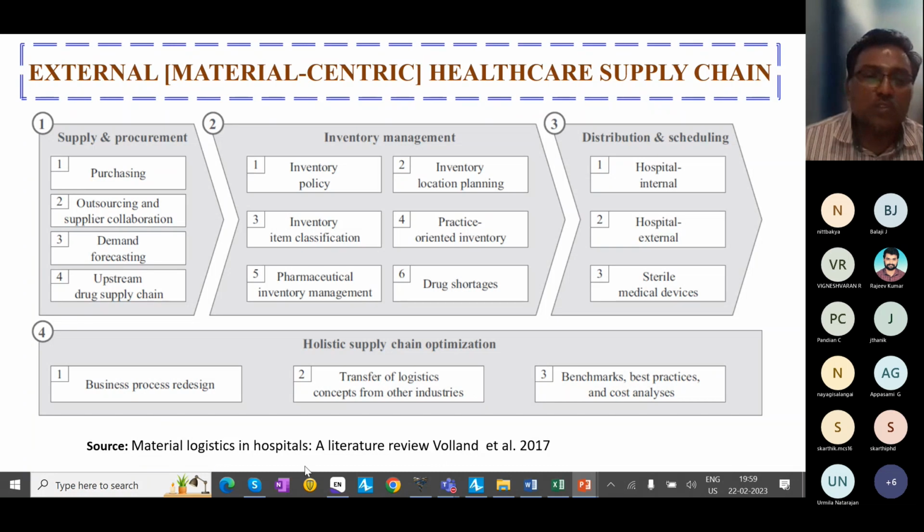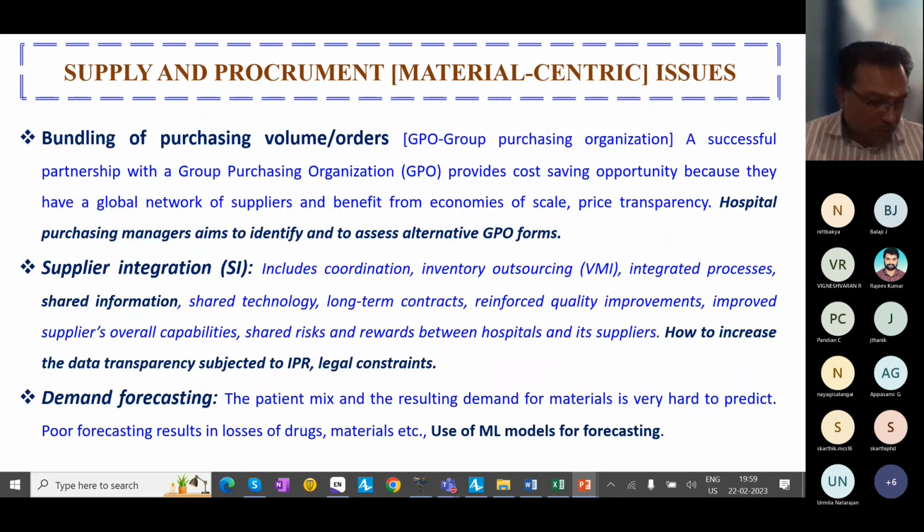This is again sourced from this paper, Volland et al., published in, I think, EJOR in the year 2017. They have categorized this external issue into supply and procurement related, inventory related, distribution and scheduling related. Vaccine distribution can be a simple example for this, right? Now we will go to each of these topics.